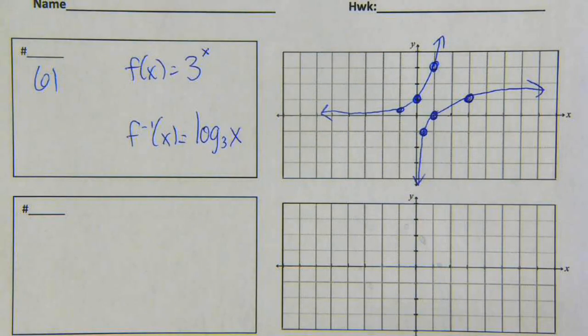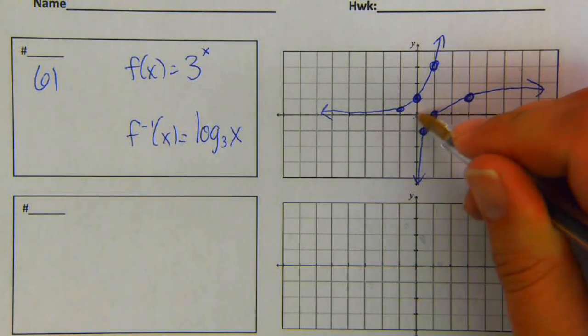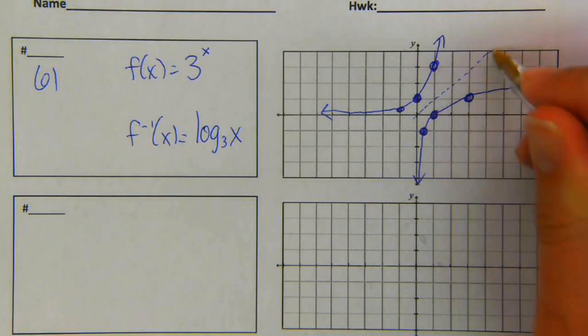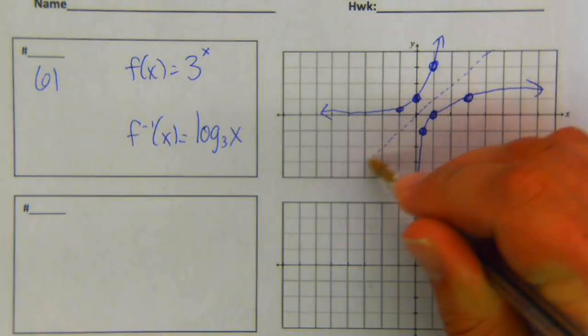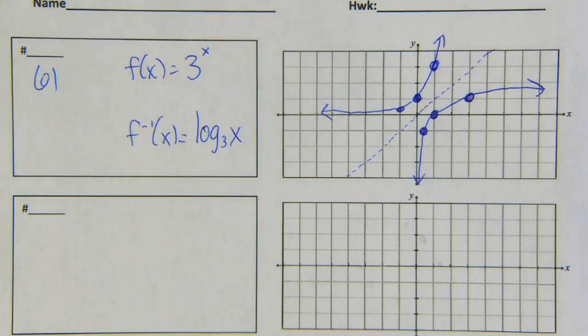And you might remember from the past that any graph and its inverse, if you think of the line y equals x, that is right in the middle. They're symmetric over y equals x. So if it looks like they are, then you probably did it right. Okay, so that's what you will be doing on 64.